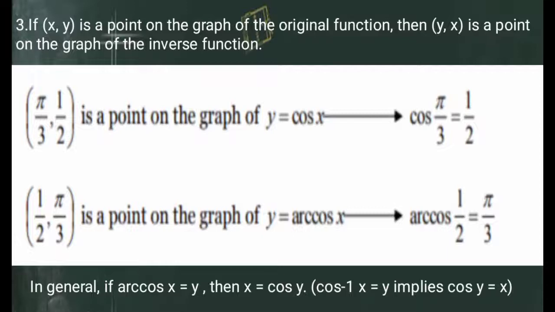According to property number 3, if the point (x, y) is on the graph of the original function, then the point (y, x) is on the graph of the inverse function. So the point (pi over 3, 1/2) is a point on the graph of y equals cos x. Cosine of pi over 3 equals 1/2.